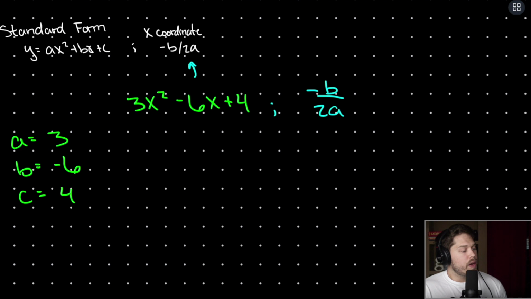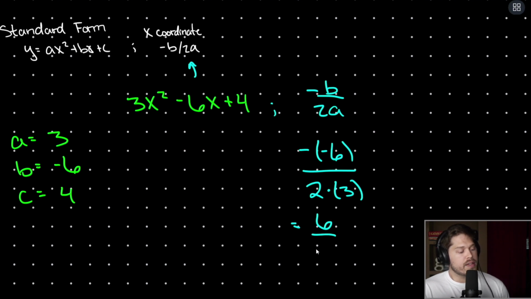So whenever we plug it in, we have -6 over 2 times 3. And then we, of course, can simplify such that we have +6 over +6, which is just 1.